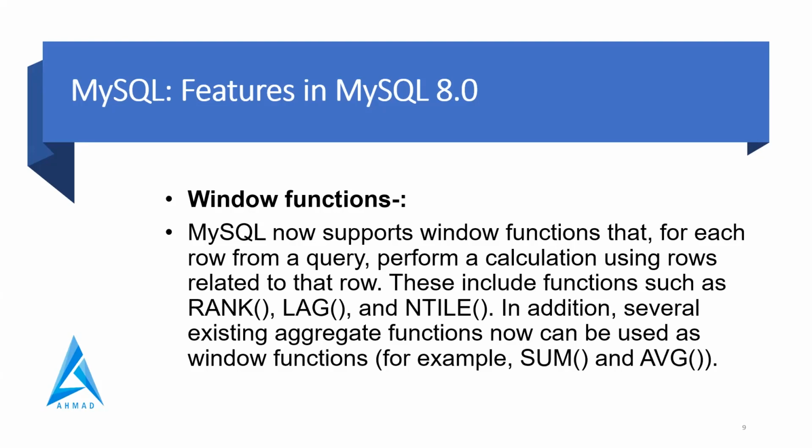If you know SQL, you know sum and average: if you want to calculate the sum of a column, you can use the sum function, and if you want the average, you can use the average function, for example on a students table, where we calculate the sum of the marks and the average of the marks. These functions are now supported as window functions.